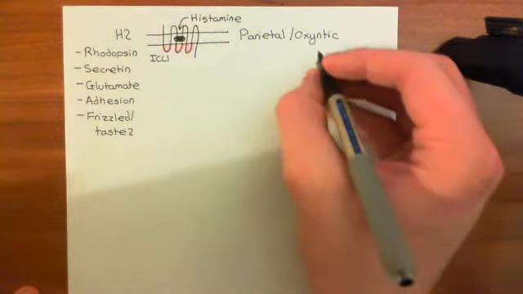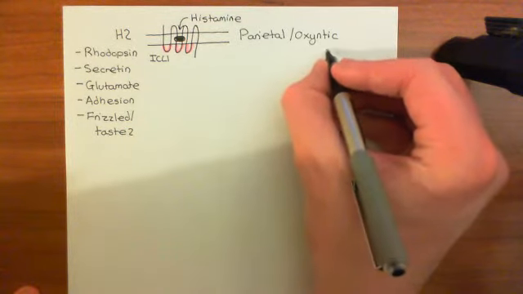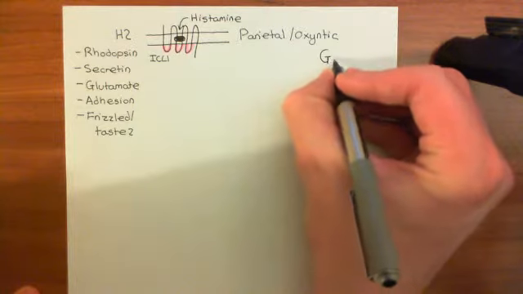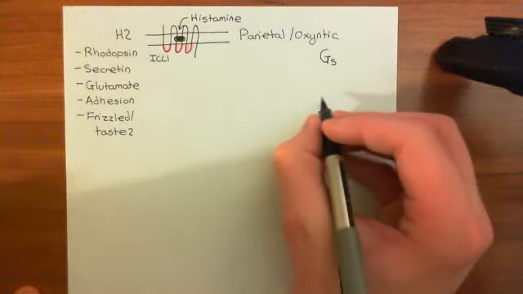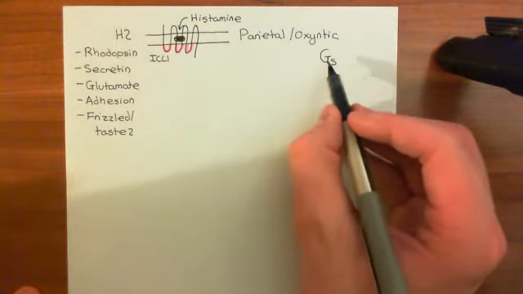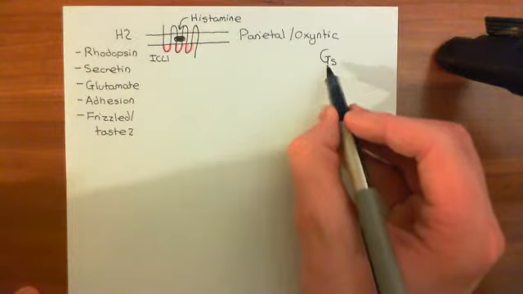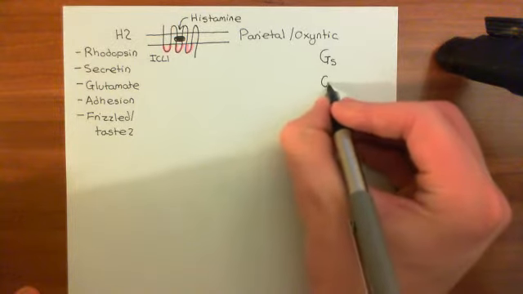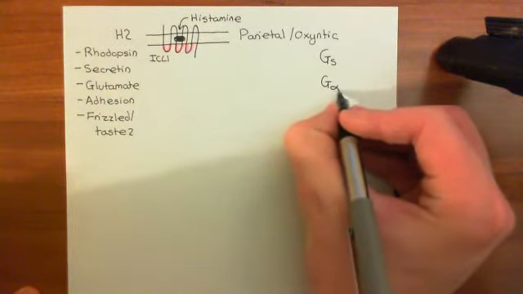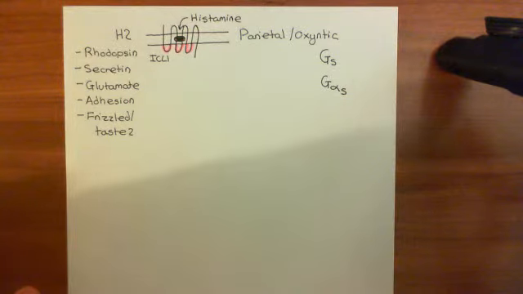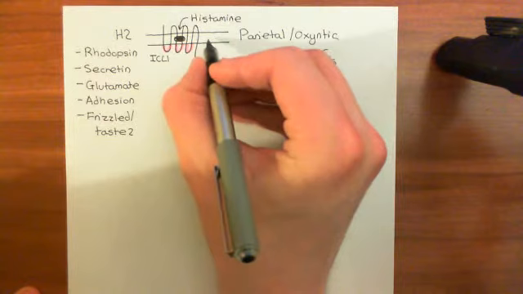Well, it's going to be a heterotrimeric G protein of the GS archetype. Now, what does that mean? That means that the alpha subunit is an alpha S subunit. Okay, so the alpha subunit is going to be the G alpha S protein, but it does not tell you what the beta and the gamma subunits are.